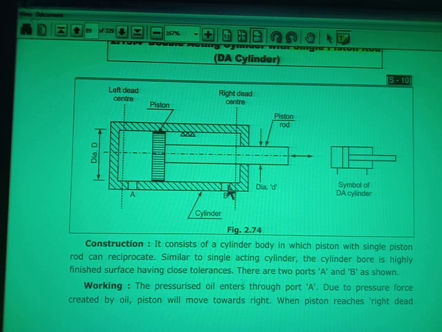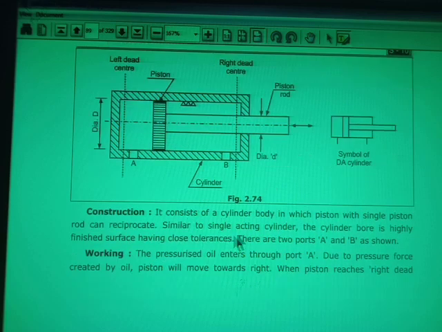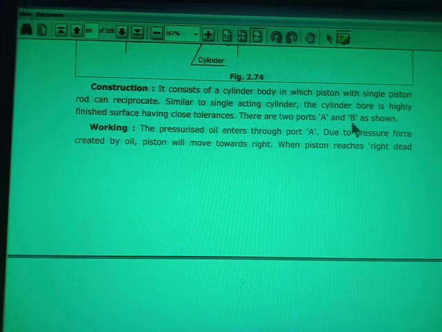The pump will be connected to port B. Now the oil will flow from this direction and push the piston in the backward direction, and from this side the oil will go to the reservoir. So this is a double acting hydraulic cylinder, and this is the symbol. You can see a very simple symbol of the double acting hydraulic cylinder.